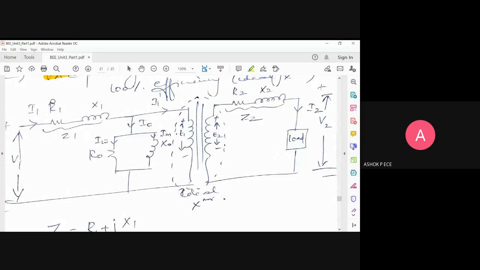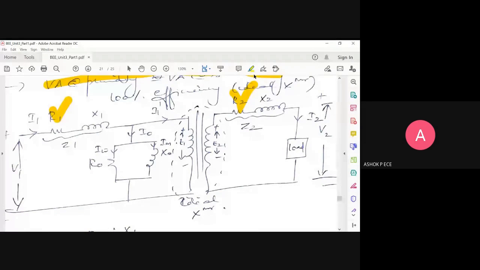See, R1 we have seen just now, it is for the copper loss at the primary, and R2 is the copper loss at the secondary. We have seen this just a few minutes back. And X1 is the leakage flux in primary, X2 is the leakage flux in secondary. We have seen that just now. And you have, as usual, the windings, primary and secondary.